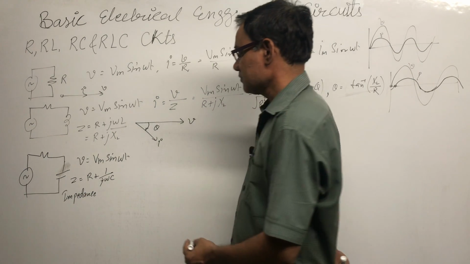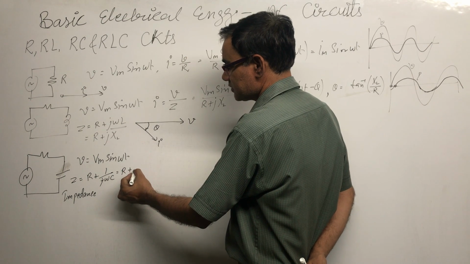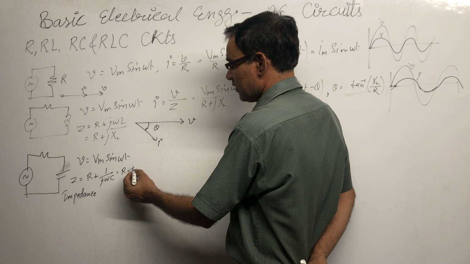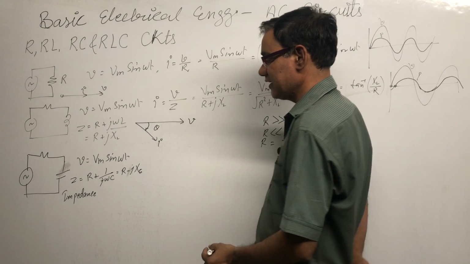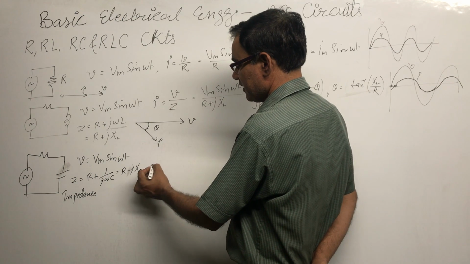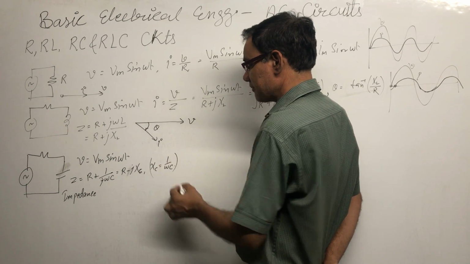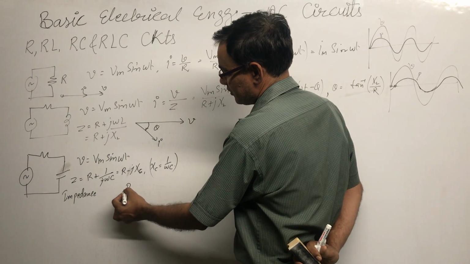Impedance is equal to R minus iota Xc, where Xc is 1 upon omega C. This is the capacitive reactance.